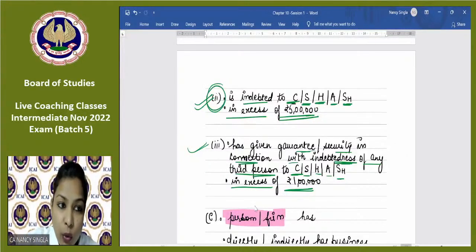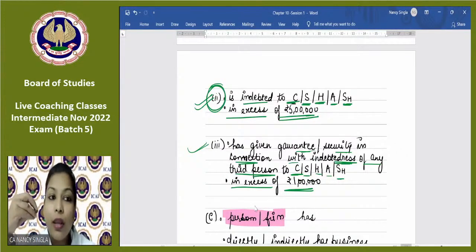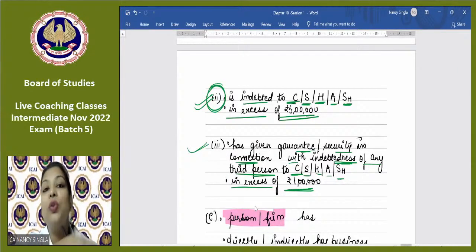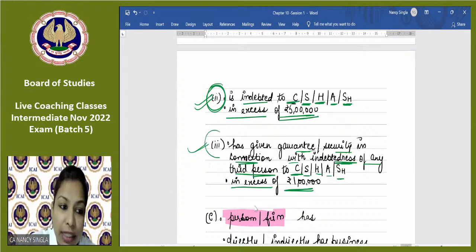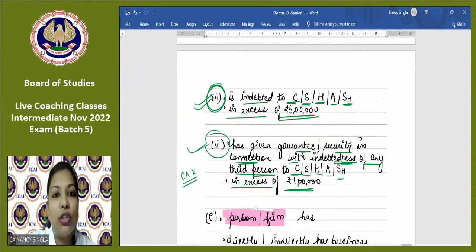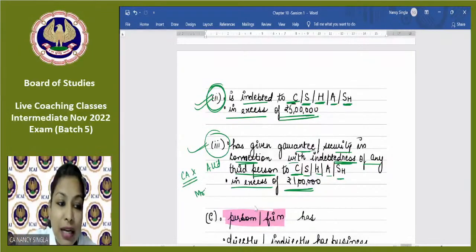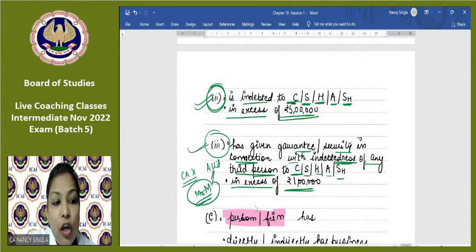So here what was the situation, that the person himself or his relative or the partner is indebted to the company, कि उसी ने लोन लिया हुआ है, ठीक है, या उसके पार्टनर ने या उसके रिलेटिव ने. And here what is the situation? For example, in our case we have to see the eligibility of CAX, ठीक है, in A Limited. Now let's say Mr. M, a third person, has taken a loan from A Limited more than rupees 1 lakh, let's say 1,50,000.